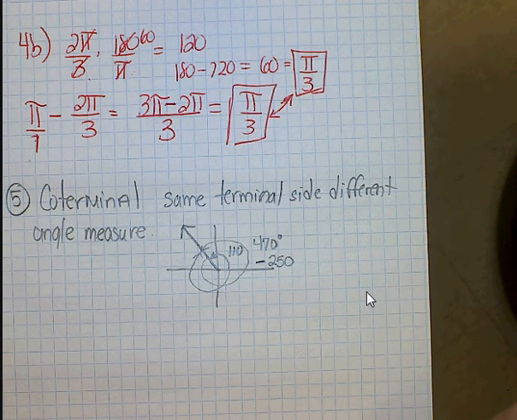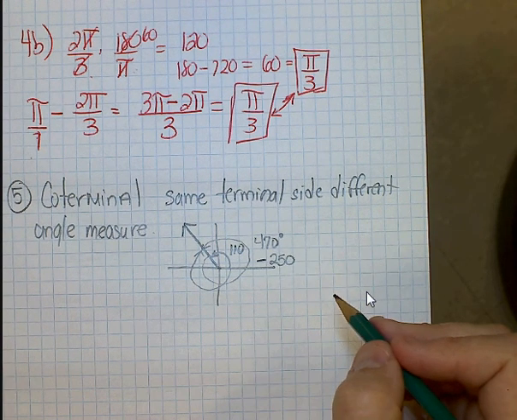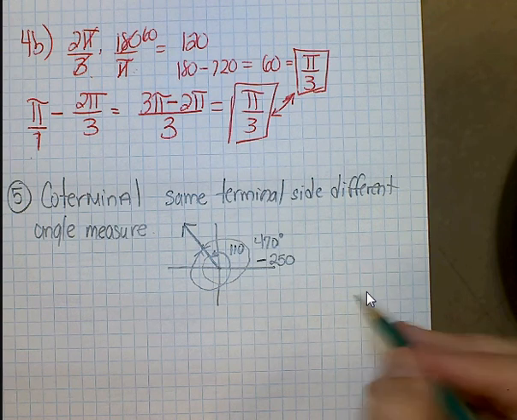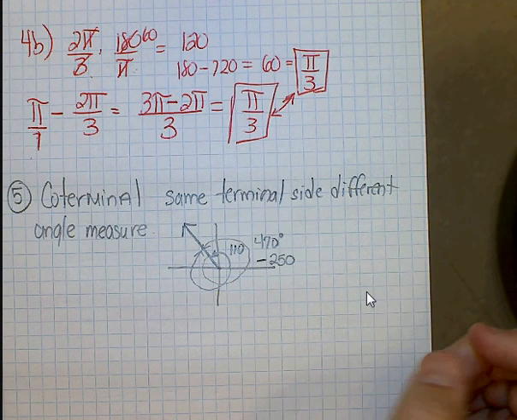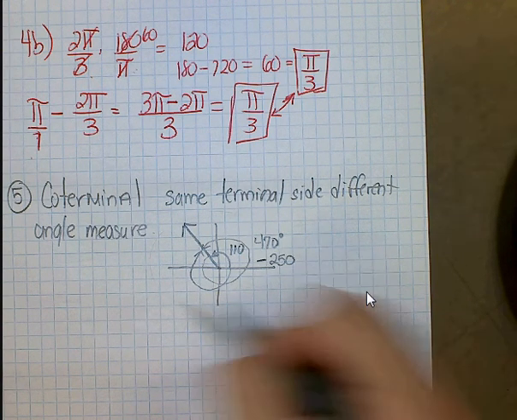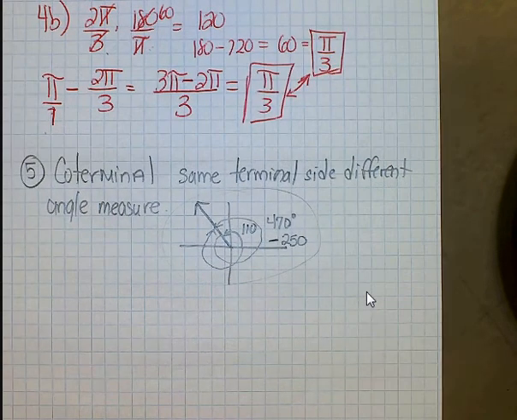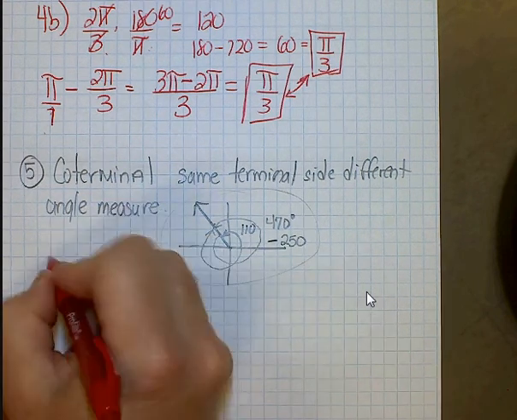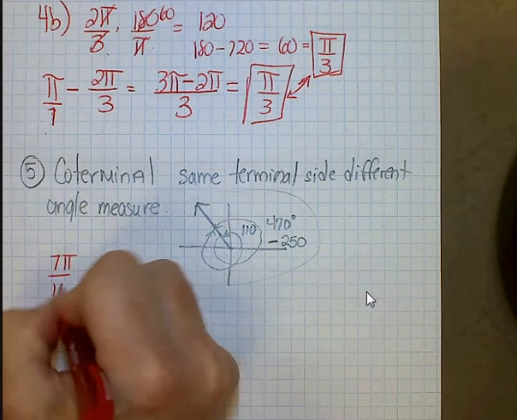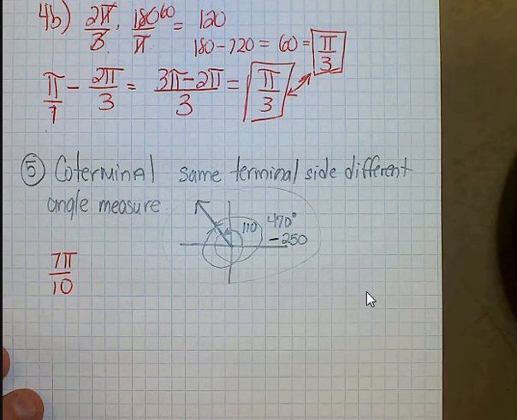So, wait, 7 pi over 10 is 110? I don't know if that's 110. I'm just showing coterminal. Okay? So if I wanted to do this question, a couple ways we could do it. One is, I'll start with 7 pi over 10, and I'm looking for the angle that's coterminal to that.